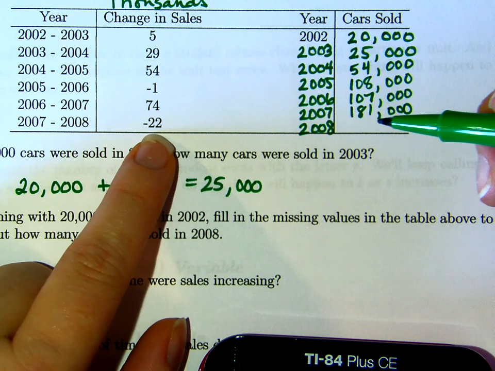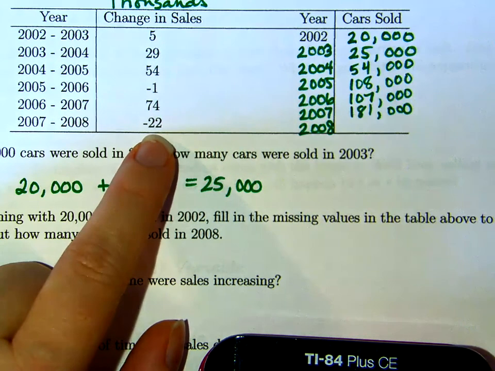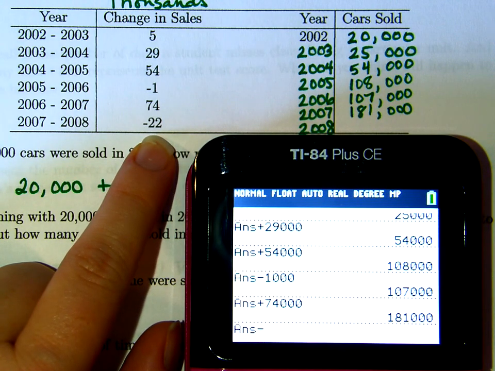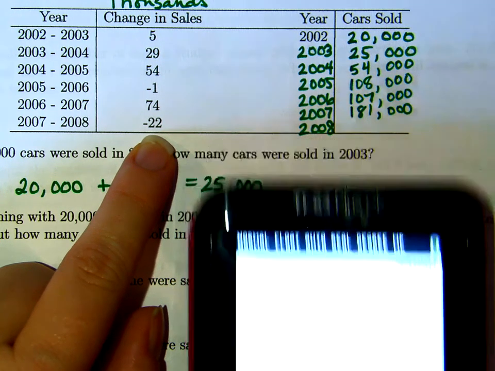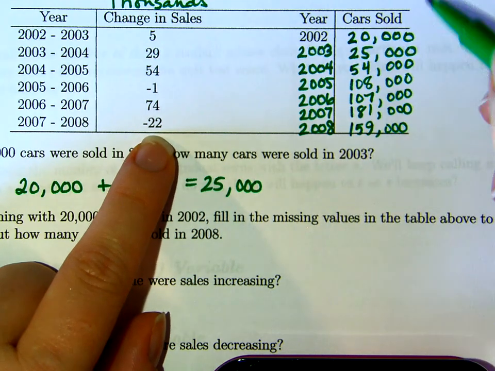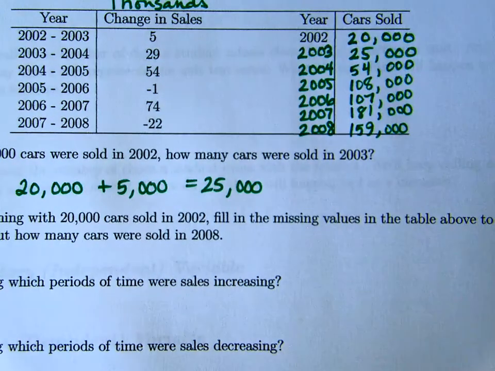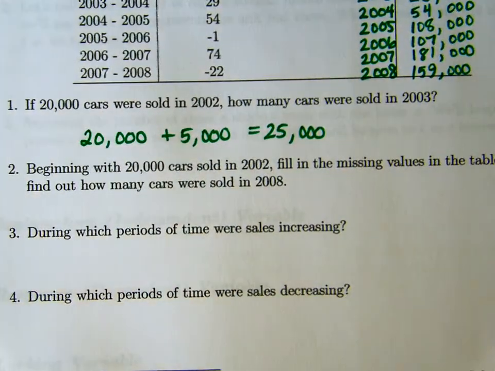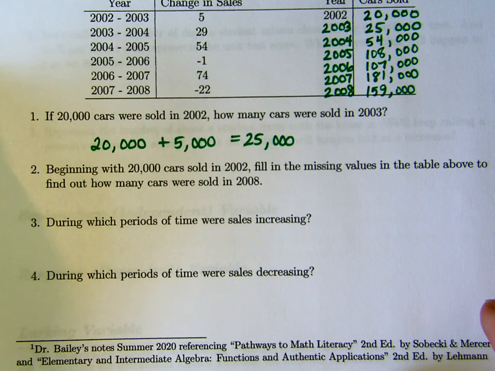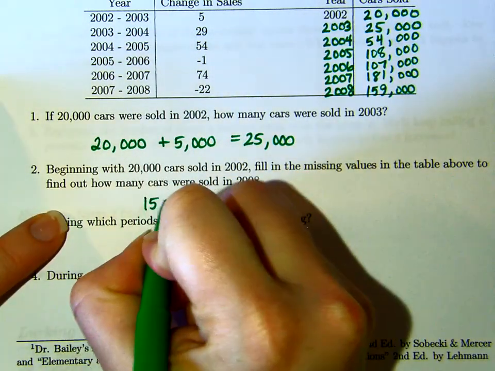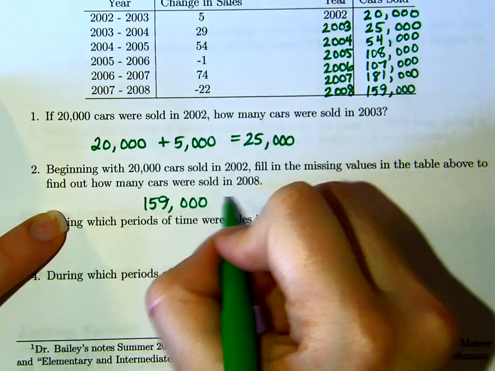We're in a recession. So it went down, decreased by 22,000. End up with 159,000 cars sold in 2008. Okay, thank you, calculator, for your service. So to find out how many cars were sold in 2008: 159,000.